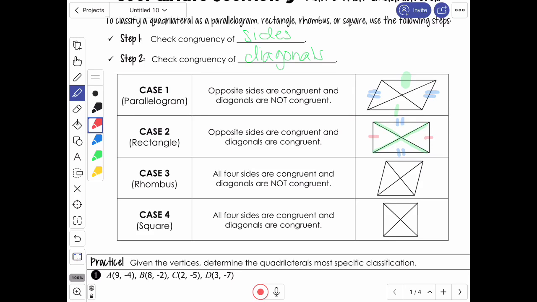So if all four sides are congruent, then we would just show this. And in a rhombus, the diagonals are not congruent, so I can only say something about the sides. But then a square, all four sides are congruent and all the diagonals are congruent. So I would have something like this. Okay?